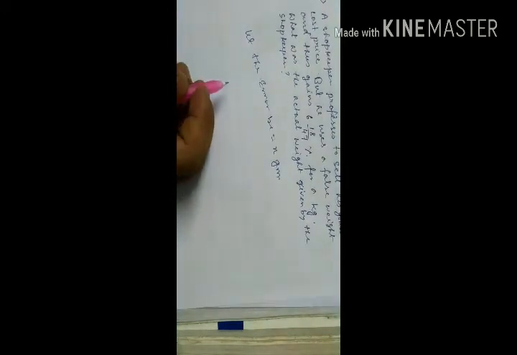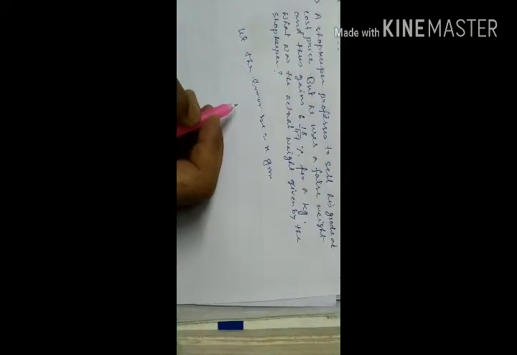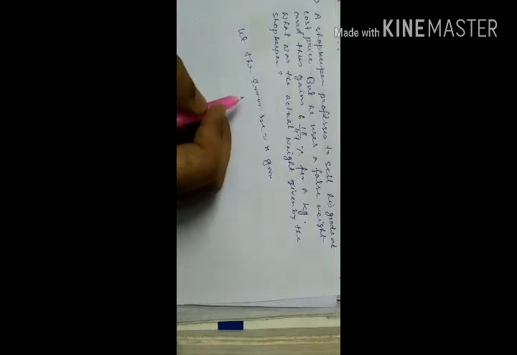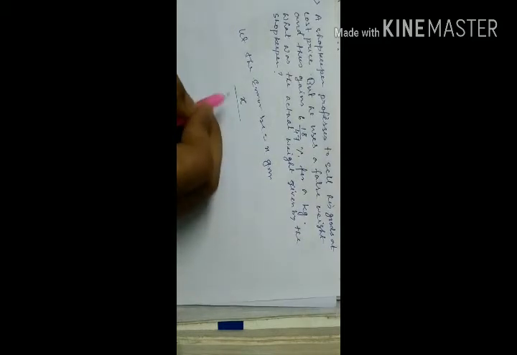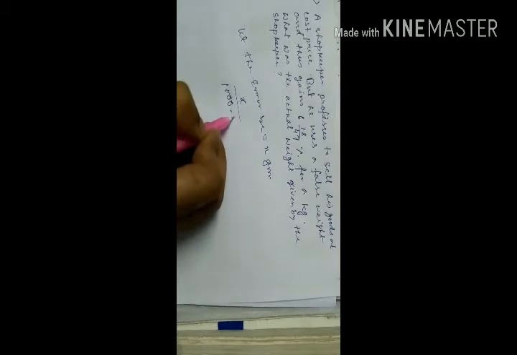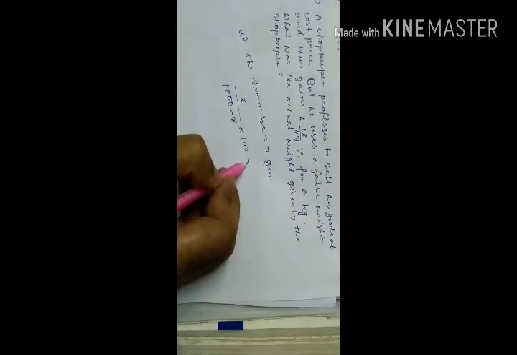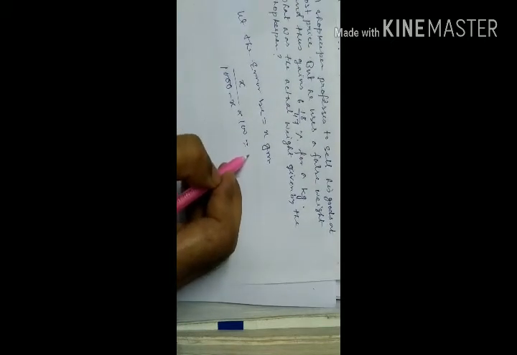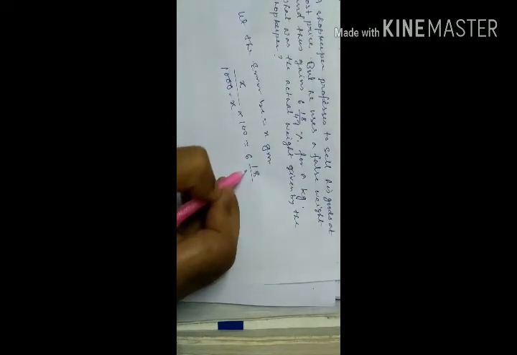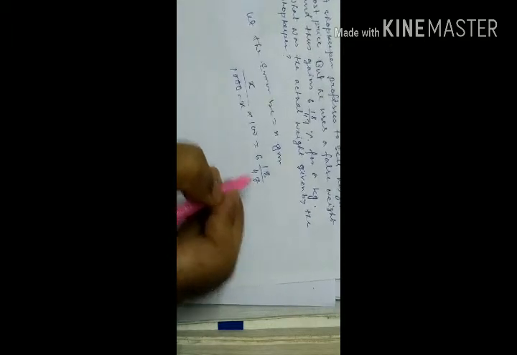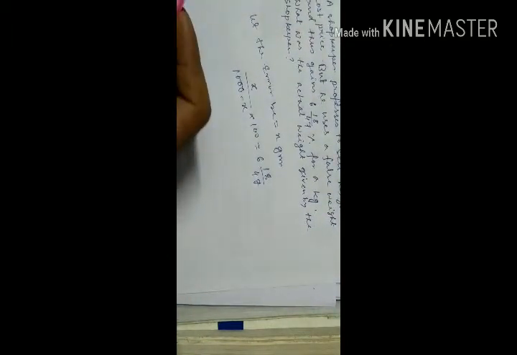So the trick will be such that x divided by 1000 minus x into 100 equals to percentage of profit, that is 6 and 18 by 47. Find the value of x, and the x is the error weight given by the shopkeeper.